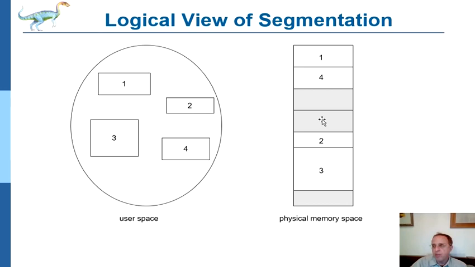For example, if our memory is 100 megabytes, I'm just going to give a very simplistic example, we're going to divide all our memory into 100 pages of 1 megabyte each, or even better, 200 pages of half a megabyte.